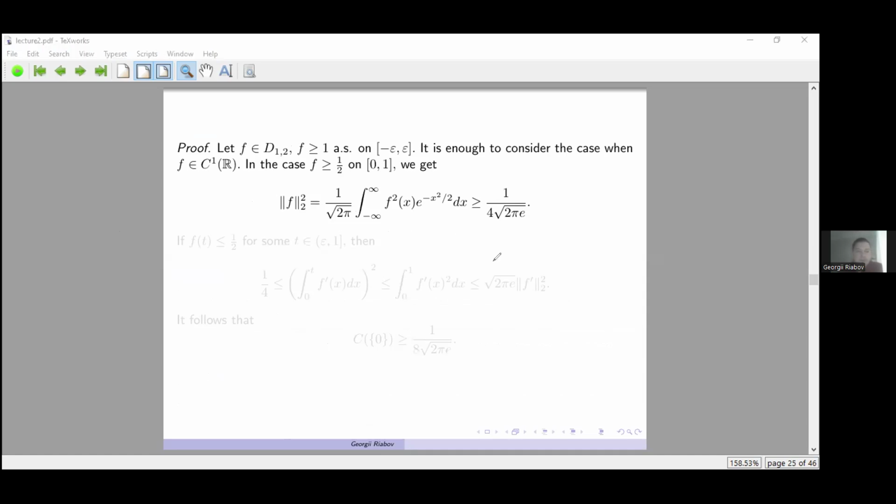So let's estimate the capacity. This is our real line, this is zero. We take any neighborhood and consider a continuously differentiable function that is greater or equal to 1 on a neighborhood of 0.